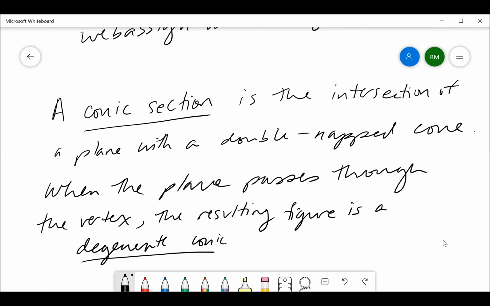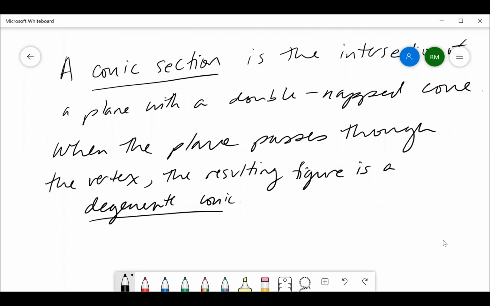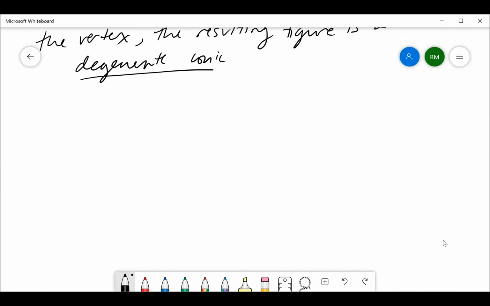There are multiple ways to view conic sections. So this is the geometric visual way of understanding them, but some people prefer algebraic equations. So the conic sections are the solution sets.